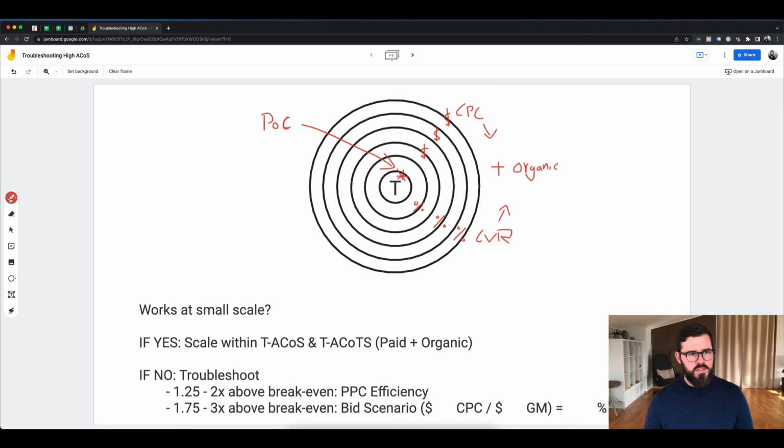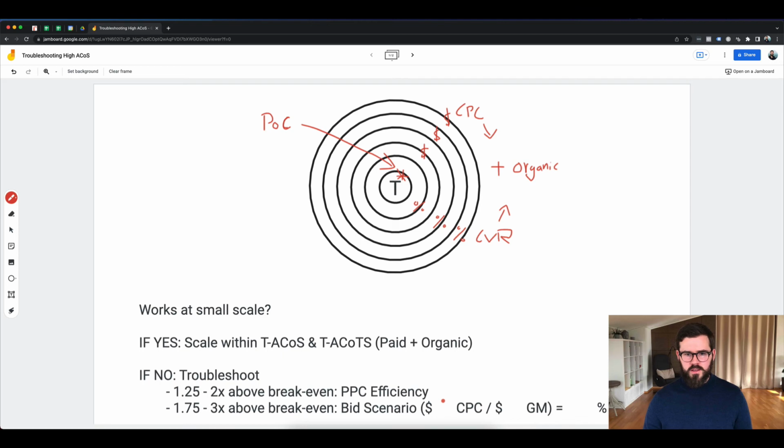So what is the bid scenario? It's basically your average cost per click divided by your gross margin. And this gives you a percentage, a ratio. And this percentage is actually the required conversion rate on pay per click to break even. So let's keep it very simple.